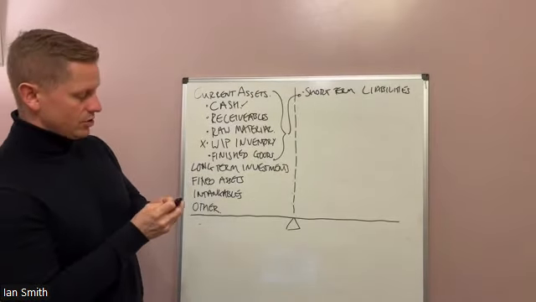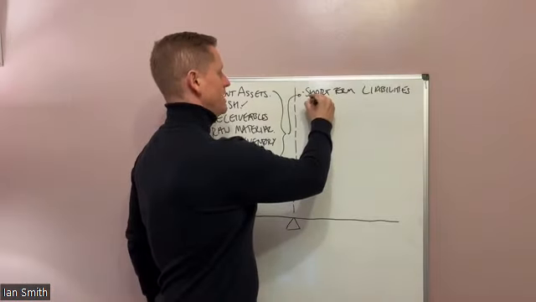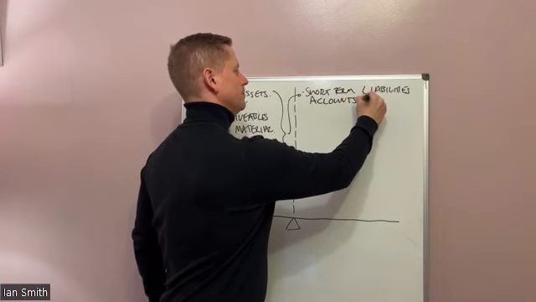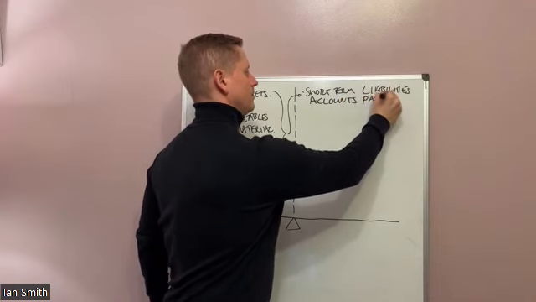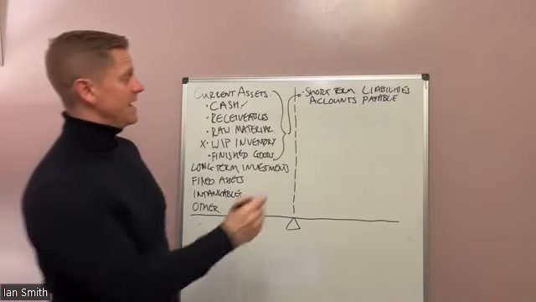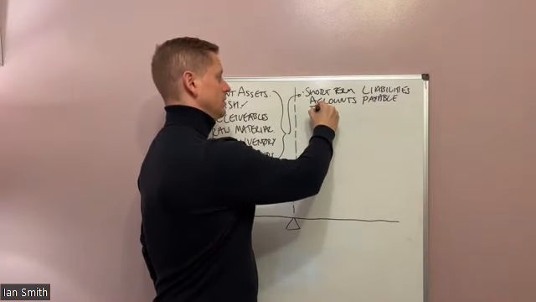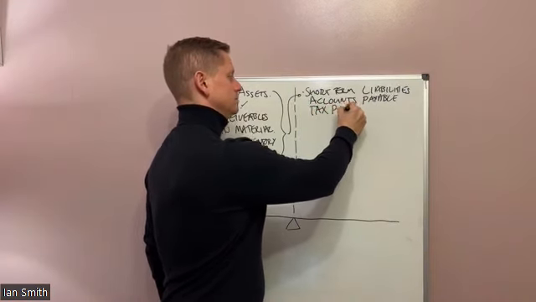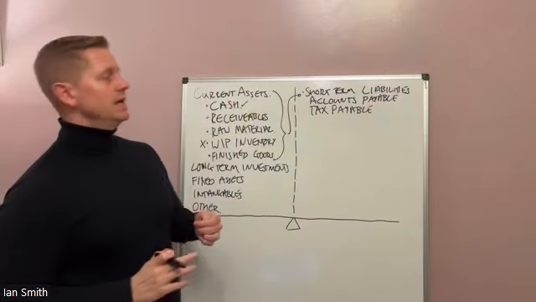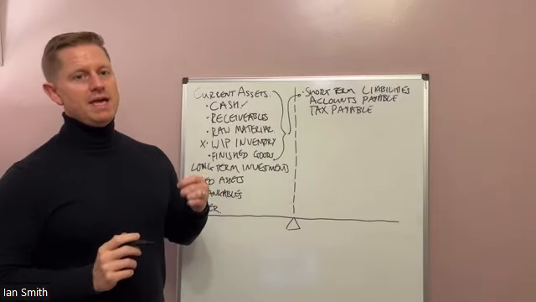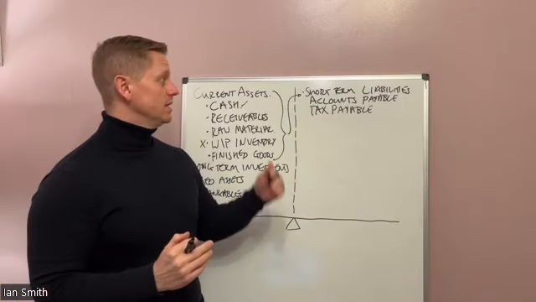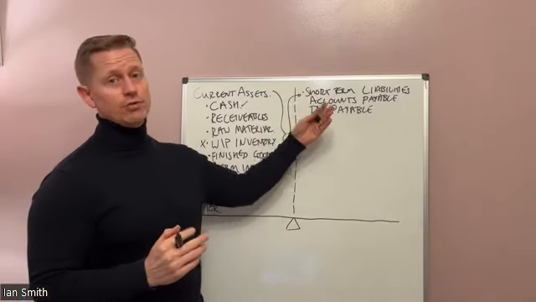So in the current liabilities, you may have accounts payable. So things that you need to pay for. You might have some tax payable as well. You may also be paying interest, or you may be paying the current portion of your long-term debt that you want to highlight as a short-term or current liability.